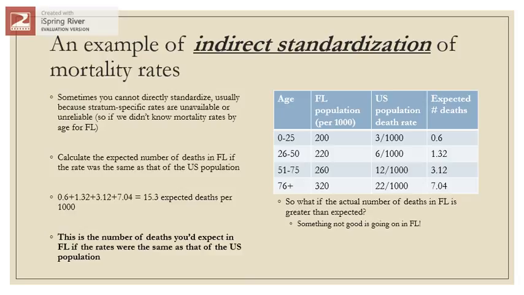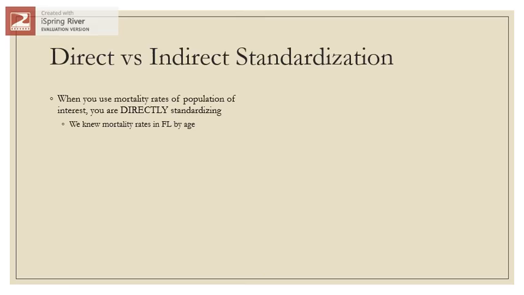Maybe there was a terrible hurricane that killed a lot of people. Whatever, we would want to investigate what is happening in Florida if the actual number of deaths in Florida is greater than 15.3 per 1,000. This is a way to examine if there is some abnormality that we should investigate. Is there some disease or condition or something that could be prevented that is causing people?